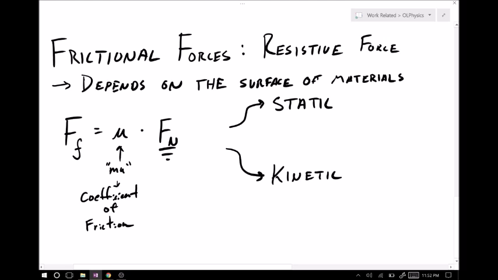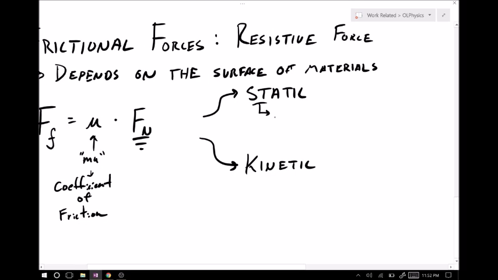Static is just like what it sounds like, not static electricity, but non-moving objects experience static friction, while moving objects experience kinetic friction. Something you may have felt before is that, let's say you're trying to move a really heavy couch or a table. When you try to start getting it moved, it's actually pretty difficult, but after you start moving it, it gets a little bit easier.